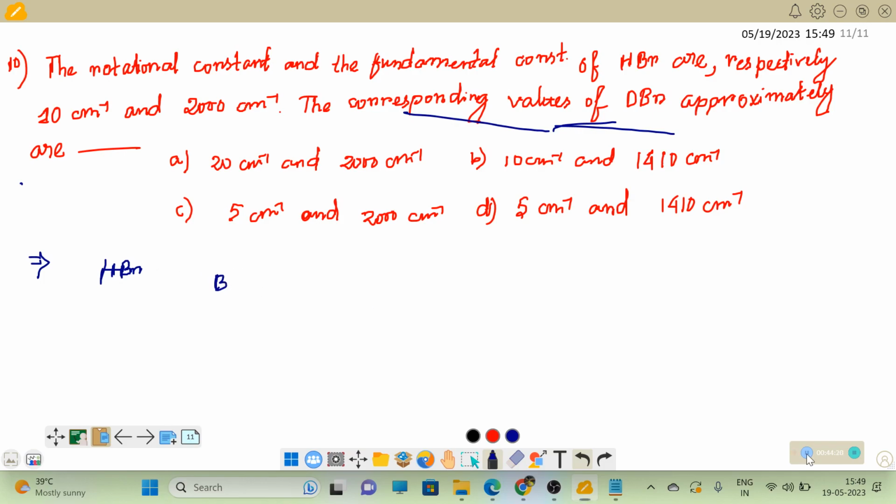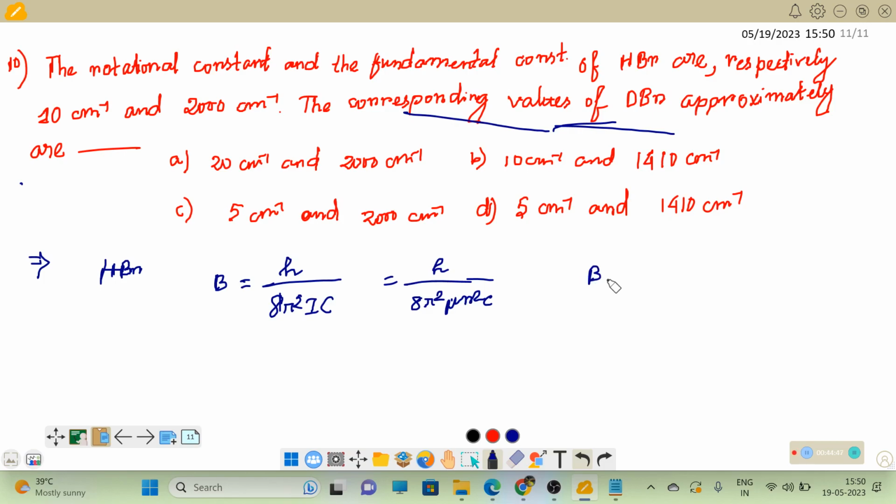The formula of B is h by 8 pi square I c, and I equals mu r square, so B equals h by 8 pi square mu r square c.